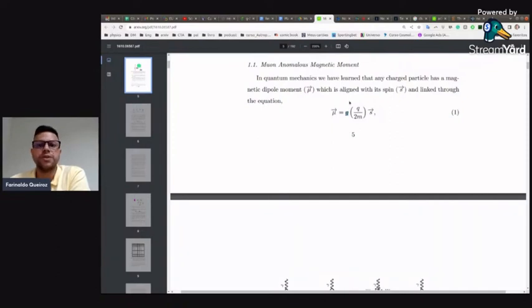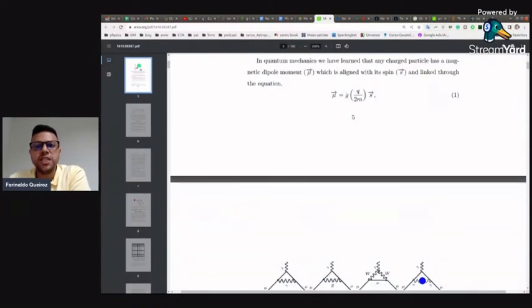What I'm trying to say is, if you take into account just tree-level diagrams, g should be equal to 2. But if there are higher order effects in quantum field theory, this g should be a bit different from 2, but not much different, just a bit different.